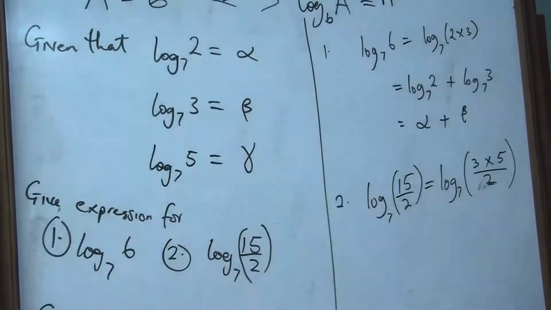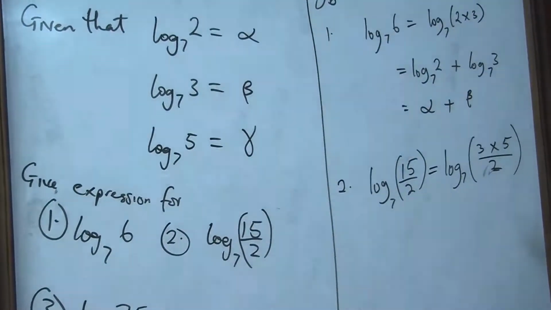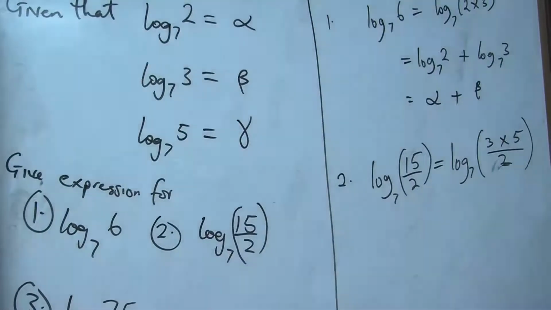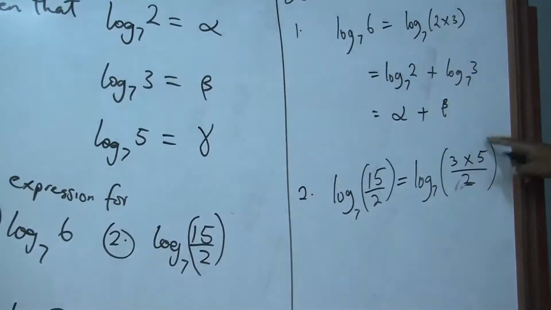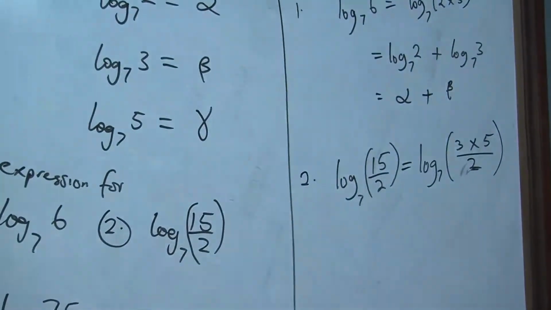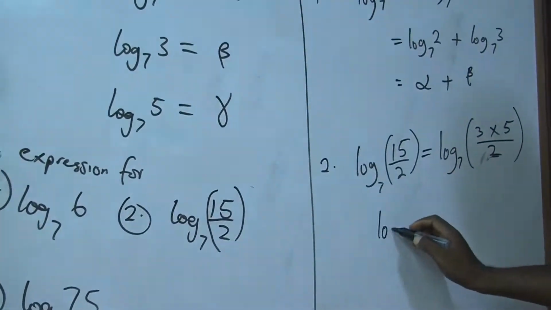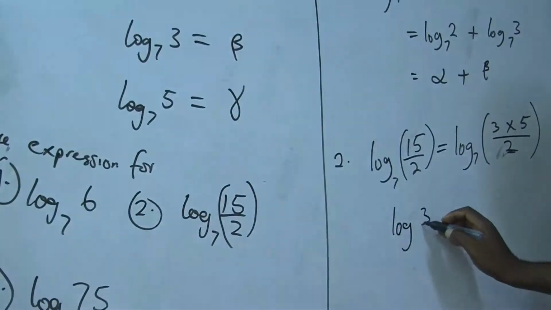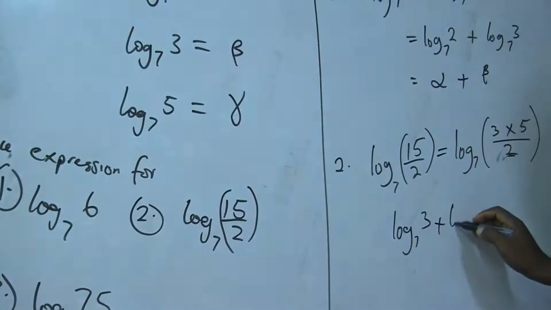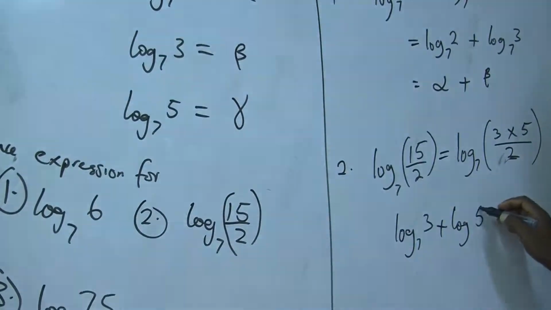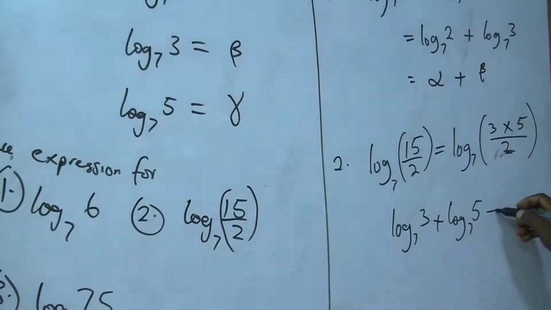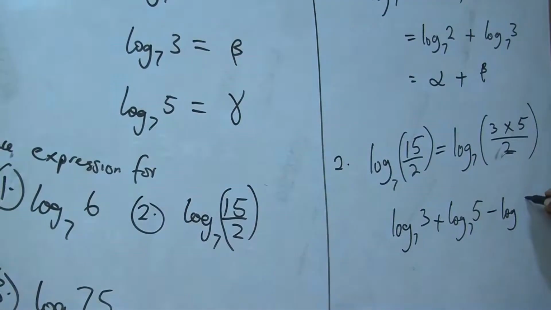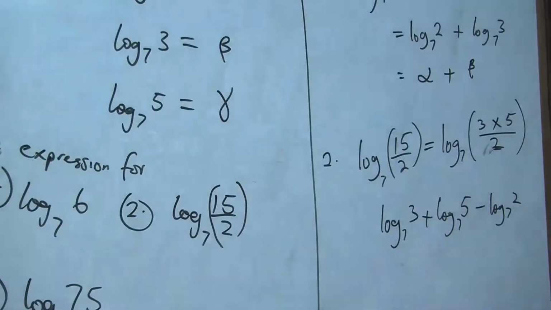If we have this, from now, this actually is a combination of law number 1 and law number 2, the multiplication and the division. So therefore it's going to be log of 3 in base 7 plus log of 5 in base 7, then minus log of 2 in base 7.